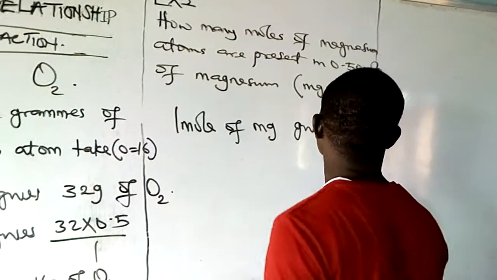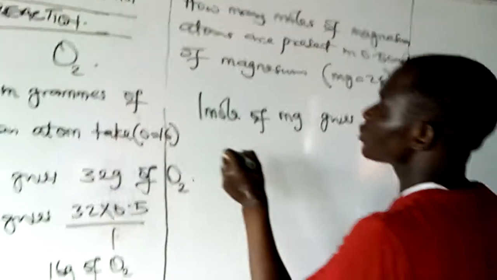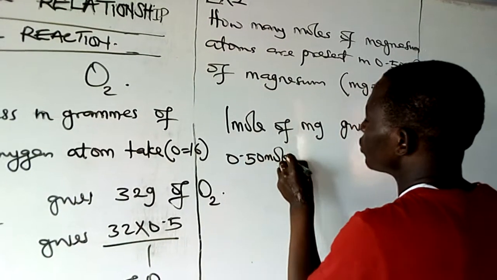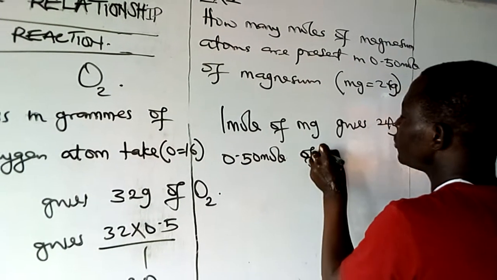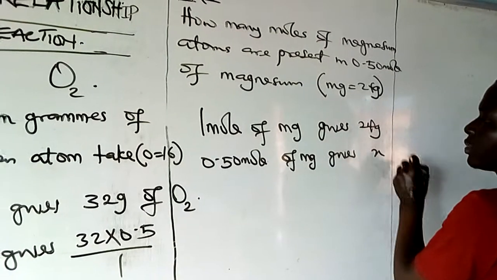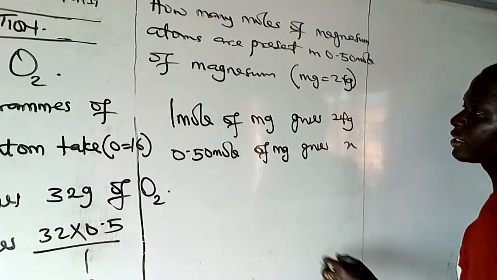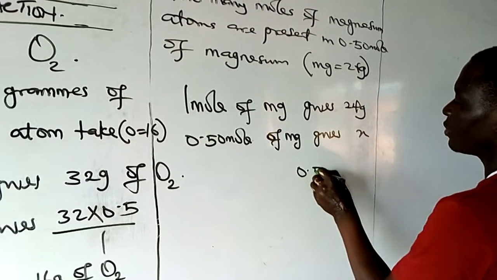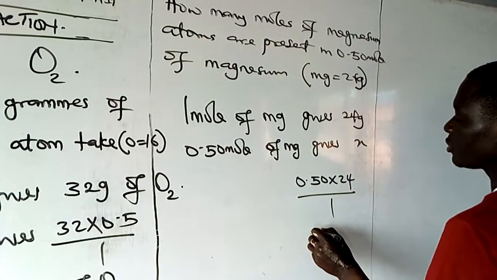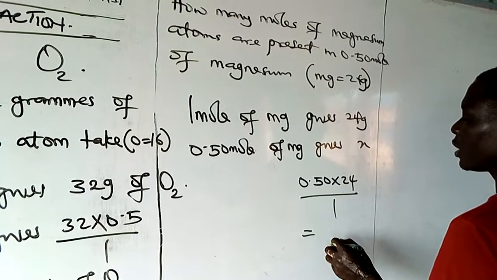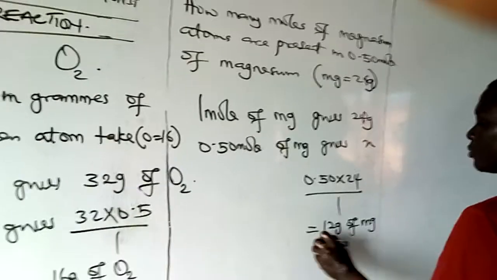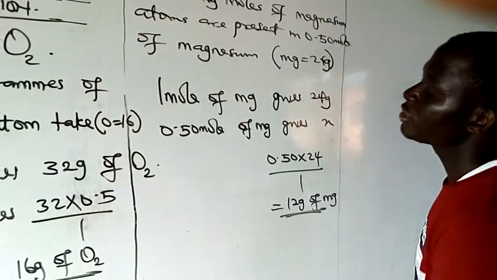So now 24 gram. So now 0.50 mole of Mg gives X. So now, it will be 0.50 times 24 all over 1. So that gives us 12 gram of Mg. That is the solution. It's just as easy as ABC.